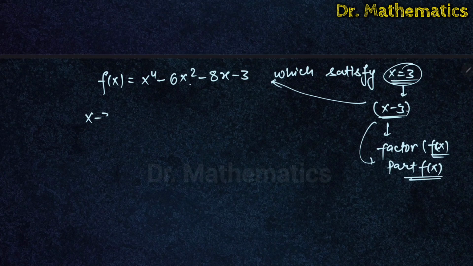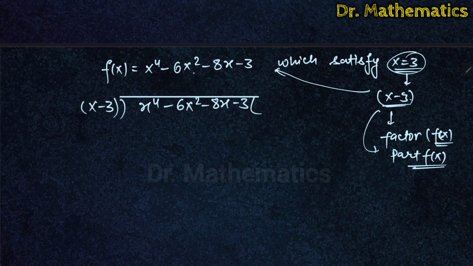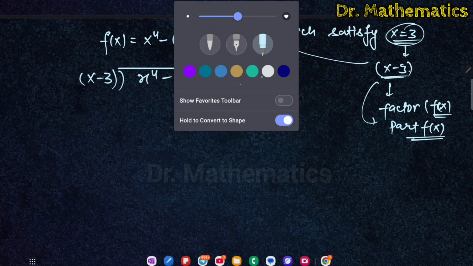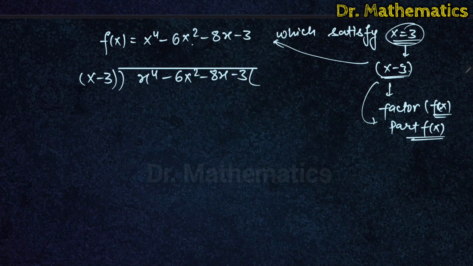Let us divide x to the power 4 minus 6x square minus 8x minus 3 by x minus 3. Did you know how you have to divide? Okay, got it. Very good. Let's divide it by x minus 3. So x cube. Multiply this with x minus 3 and you get x to the power 4 minus 3x cube.